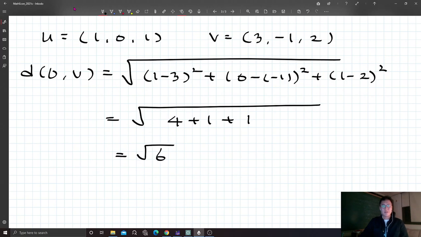So the square root of 6. Okay. So for any two vectors in n-dimensional space, we can compute the distance using this formula. And regarding this formula, there is one more fact, which is called the triangular inequality.